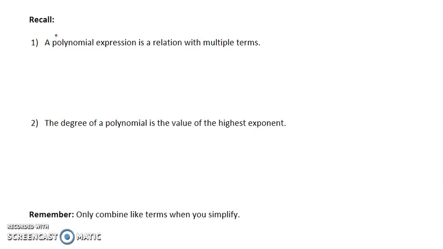The first thing we need to remember is that a polynomial expression is a relation with multiple terms. So for example, if we have a monomial, this actually does not have multiple terms. It has one term. Mono means one, so that might be something like x squared. A binomial has two terms. That might be something like 2x plus 3xyz.